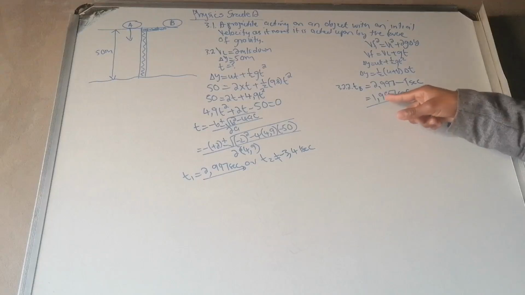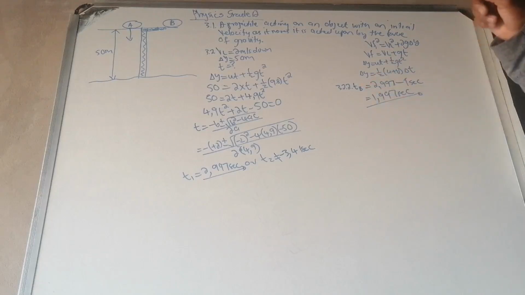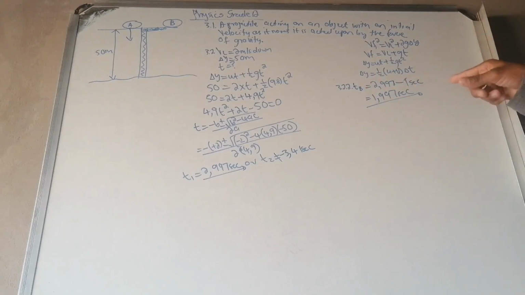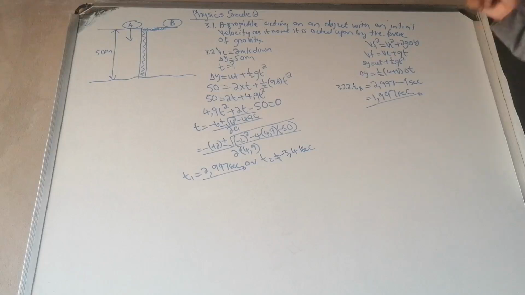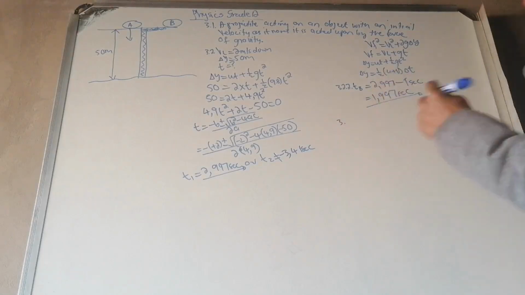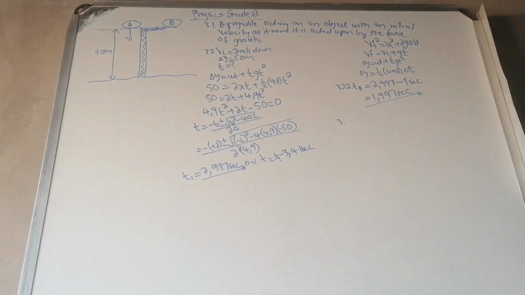So meaning the time that it takes stone B to hit the water will be 1.997 seconds. Therefore, it is having more velocity than stone A. That's a final thing. So we need to make these mistakes, and then at the end of the day, try to make sense of that which is happening.